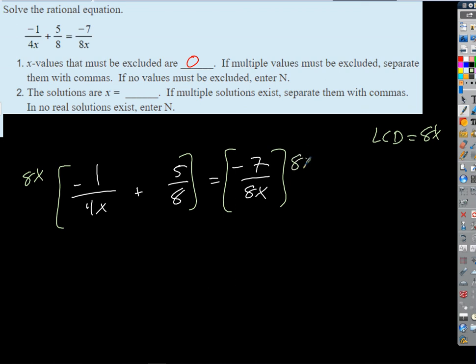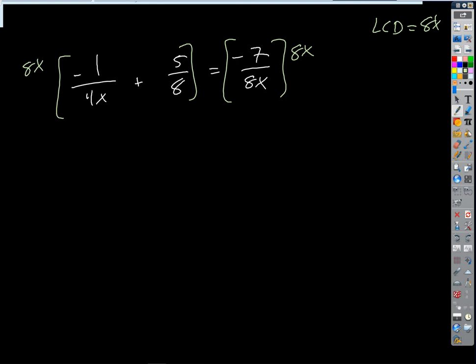So if I distribute an 8x through the whole thing, what's going to happen? If I distribute it here, I end up with negative 8x over 4x. Here I get plus 5 times 8x over 8 equals negative 7 times 8x over 8x.